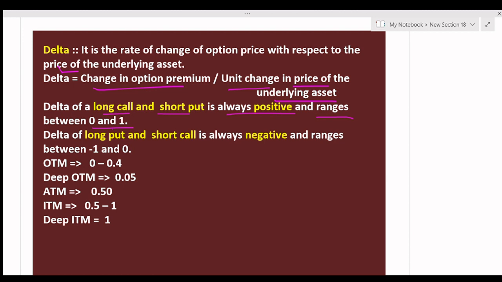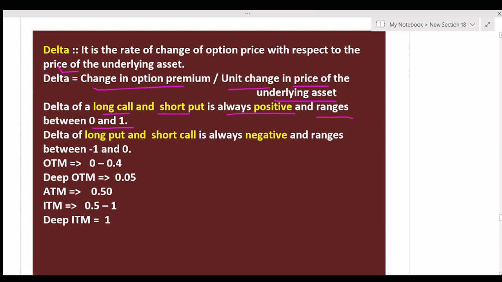Whereas in a short put, if the market price moves up, then the put buyer will not exercise his right, and hence the short put will gain, and this gain will be limited to the premium received. So the delta value here is positive, and it varies from 0 to 1.